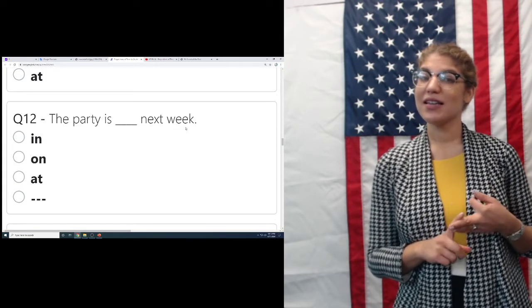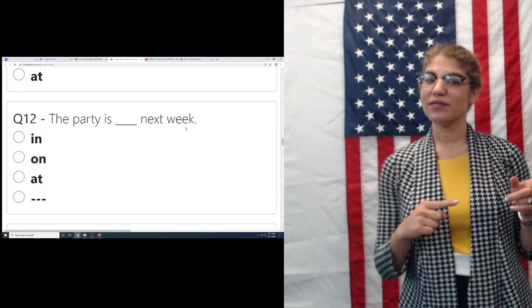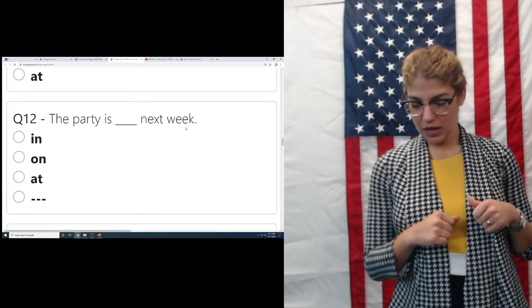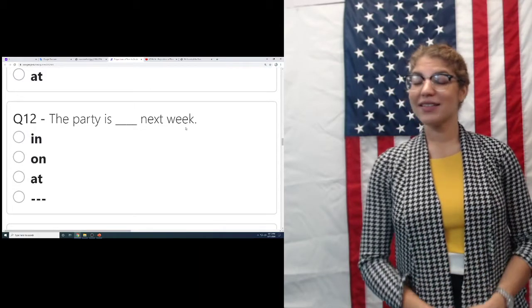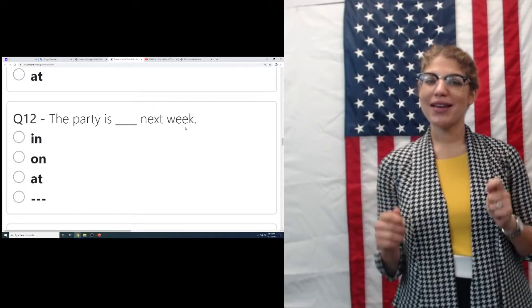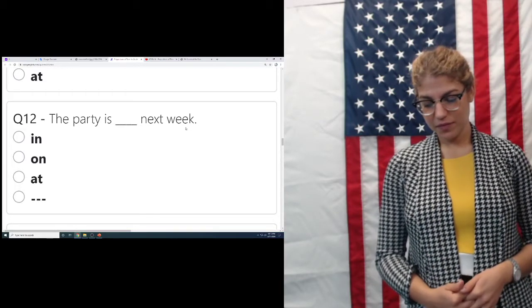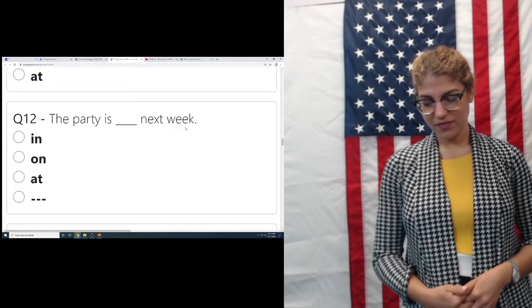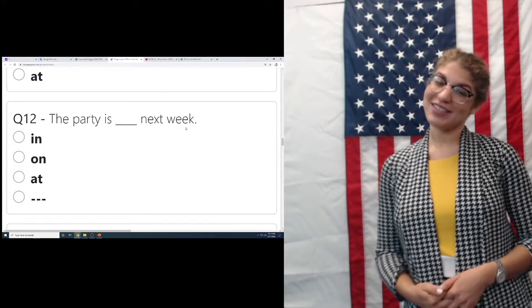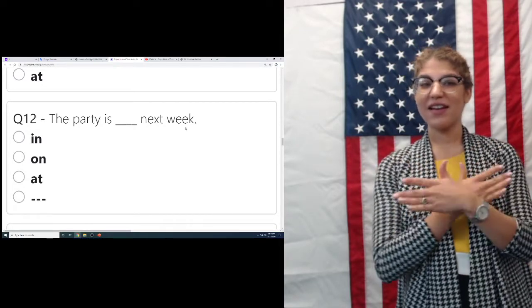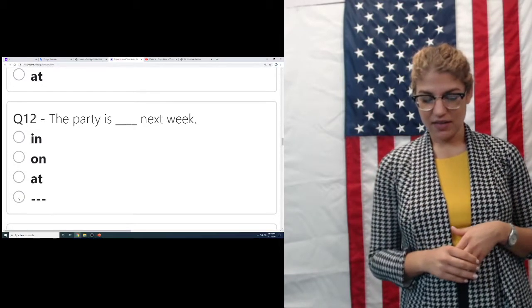The party is next week. Miss Carlita, what does the word next mean in this context? Miss Carlita is correct. Miss Carlita says we should put nada, nothing in there.